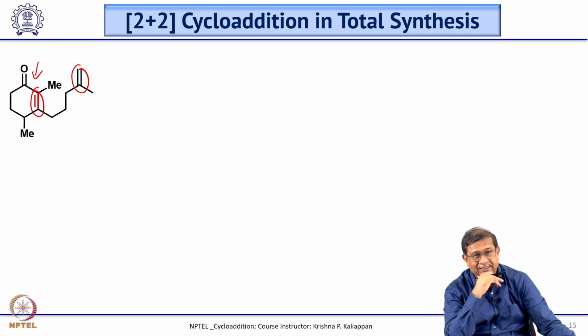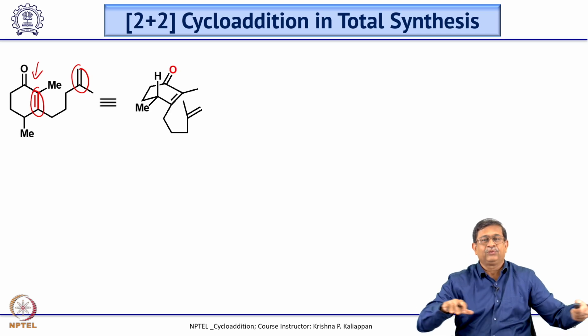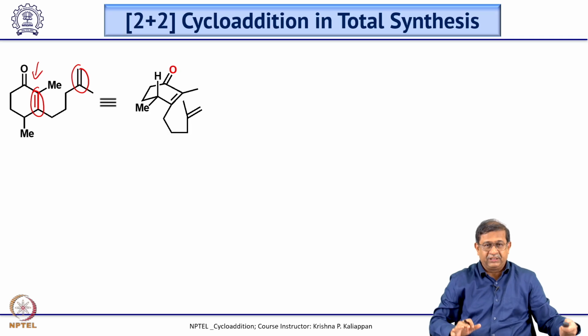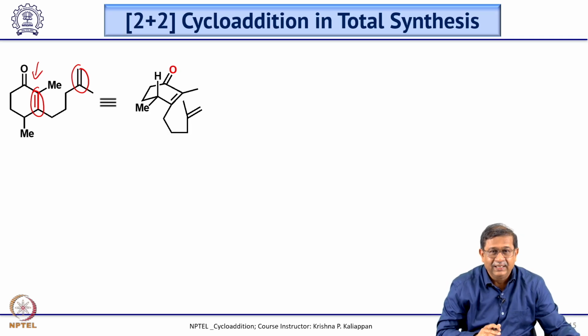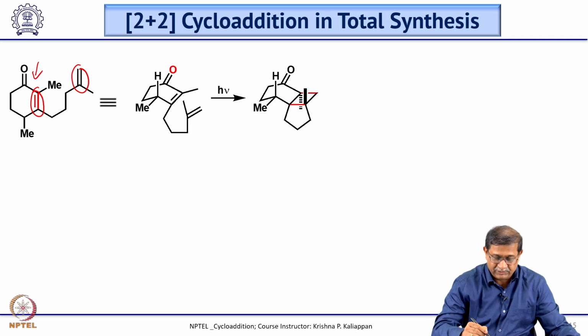the side chain. So, these two alkenes undergo an intramolecular 2+2 cycloaddition. So, when they undergo intramolecular 2+2 cycloaddition, because of the steric reasons, it gives only one isomer.